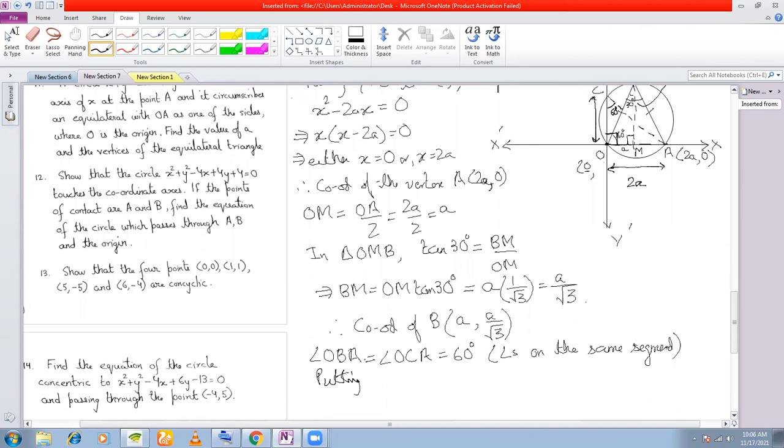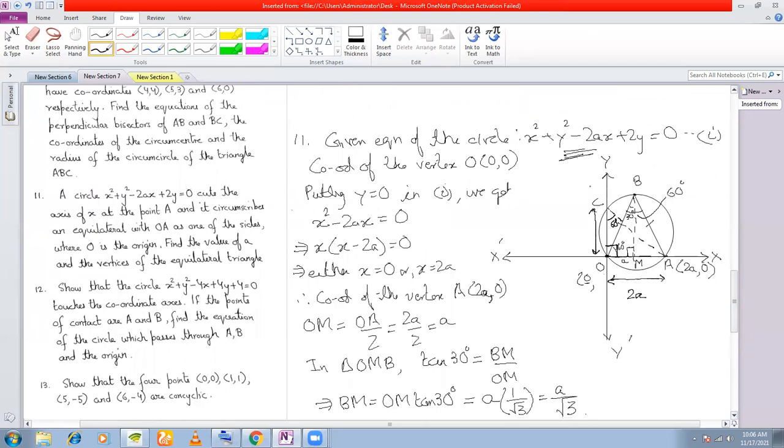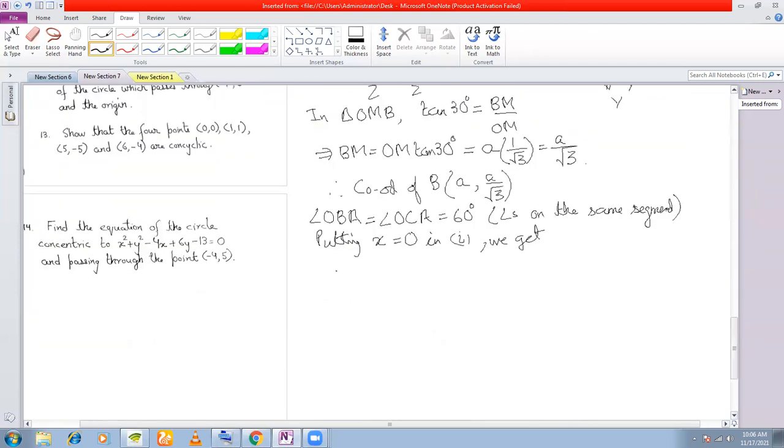Putting x is equal to 0 in equation 1 because we need to find out the y-intercept, we get y square plus 2y is equal to 0. That means y into y plus 2 is equal to 0.